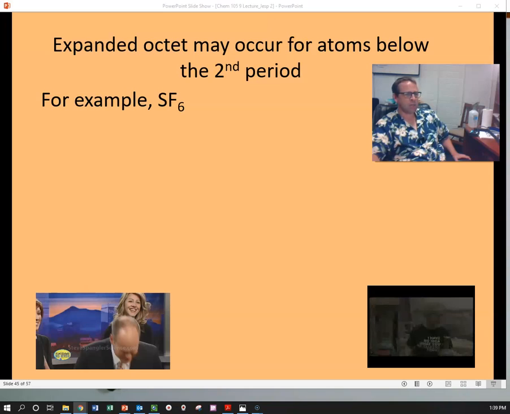Well, so how many electrons do we have, Malia? How many are in the party, and how many do we have on the board? On the board, there's 12. Okay, so subtracting 12 from the total, how many did we start with? There's 6 for sulfur and 7 for fluorine.